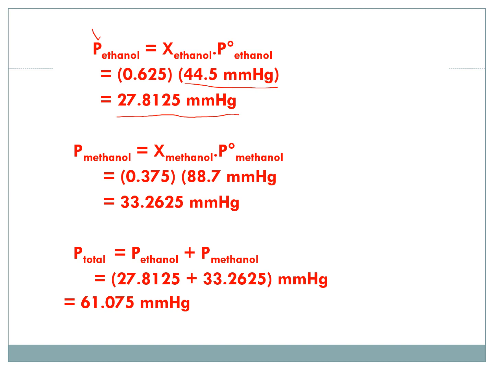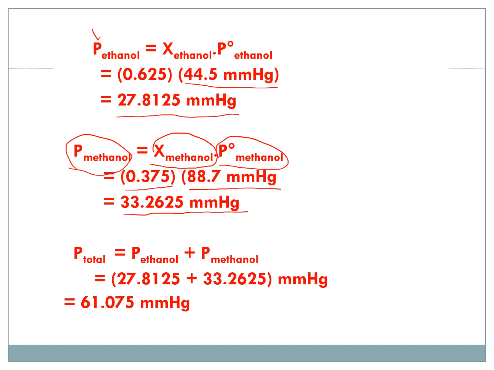The partial pressure of methanol is equal to the mole fraction of methanol times the vapor pressure of pure methanol, equal to 0.375 times 88.7 mm mercury, equal to 33.2625 mm mercury.